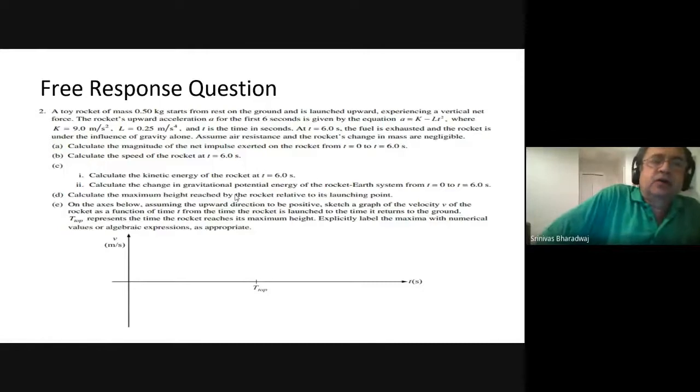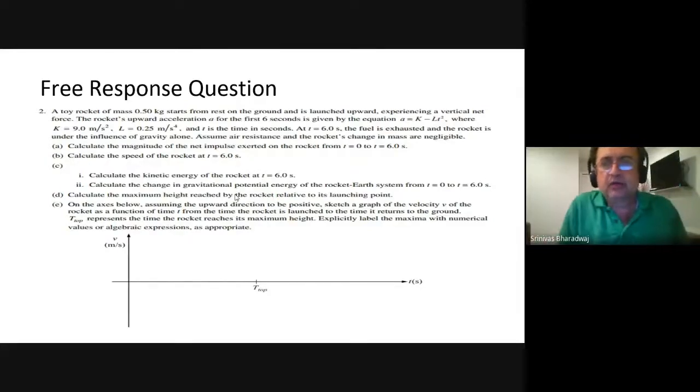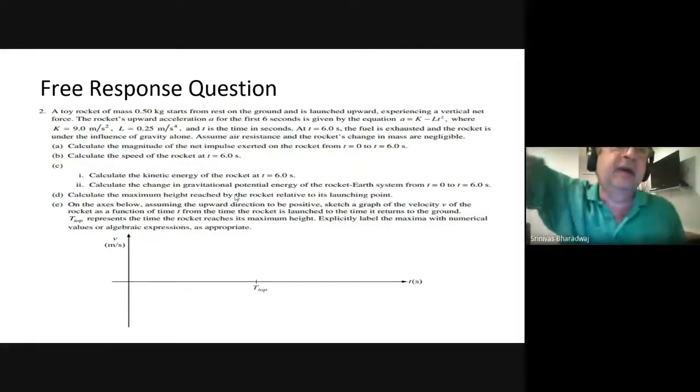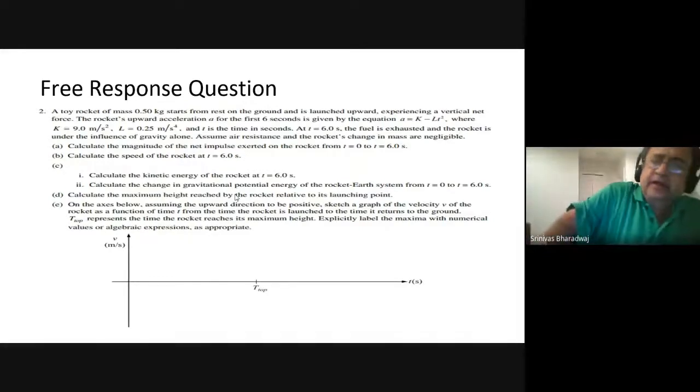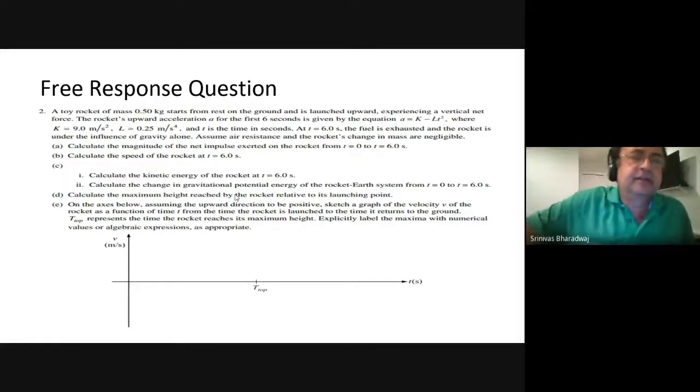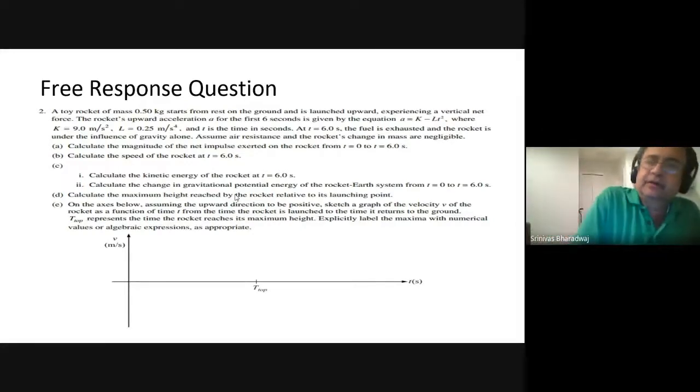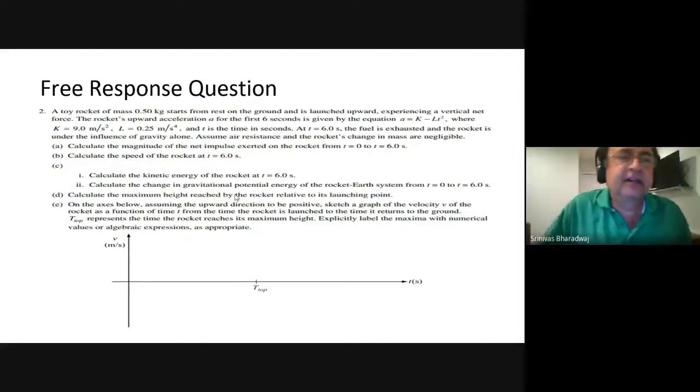This is a free response question given to the American students, but take this as something that you may see in, say, a JEE Advanced. Usually the free response questions are a little easier than JEE Advanced, but still it's worth a try.